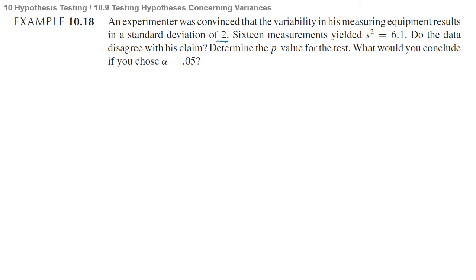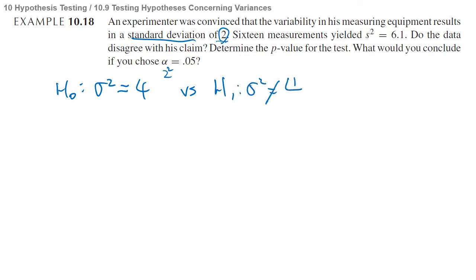We want to do the test, so our H0 is sigma square equals 4, because a standard deviation of 2 means the variance is 2 square, which is 4, versus H1, sigma square is not 4.